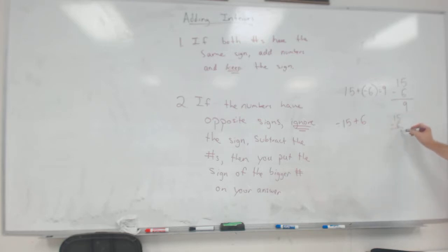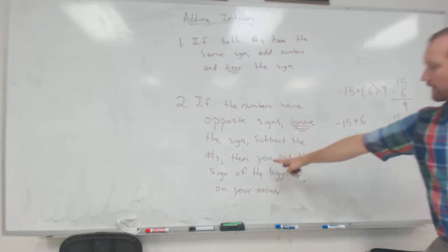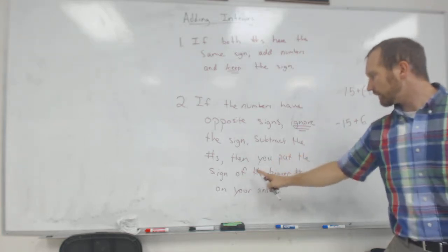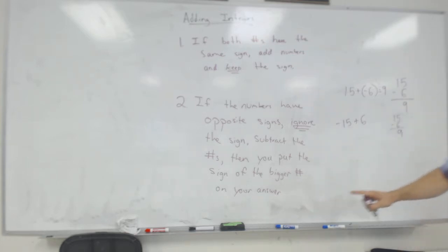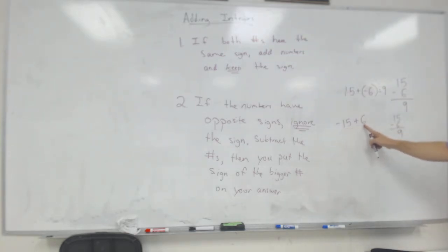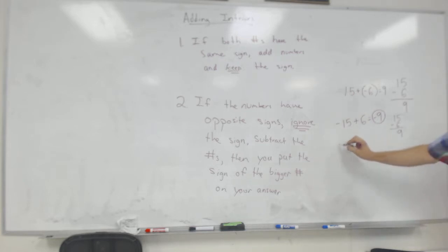So 15 minus 6 is 9, but the answer is not 9, because then we put the sign of the bigger number on the answer. Which number here is bigger? 15. So we put that sign on that answer. And it doesn't matter which way we write these.